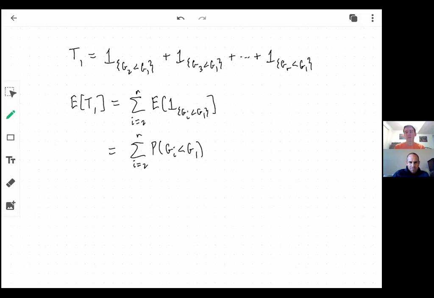So how are we going to compute that? Using the geometric, right? And to do that, this is going to be the sum, and you want to say that G1 is on the nth catch or something like that, right?